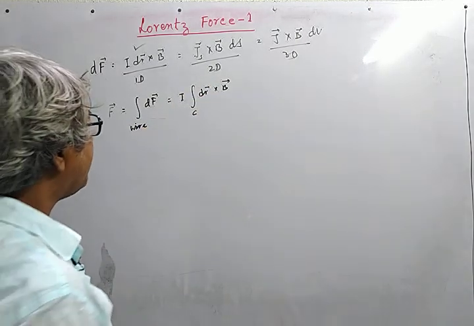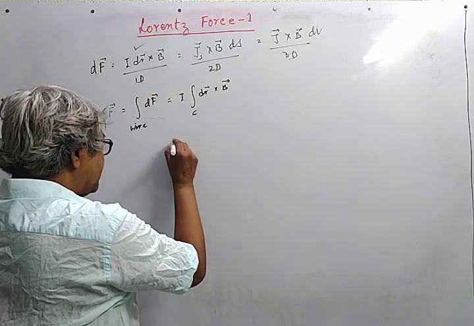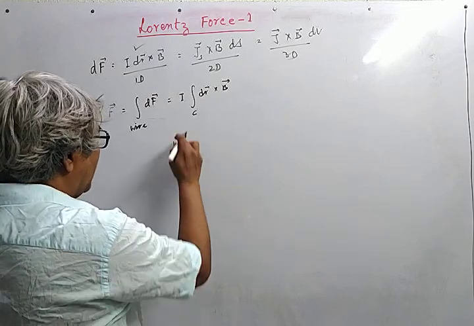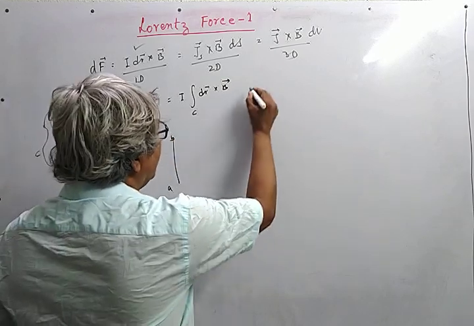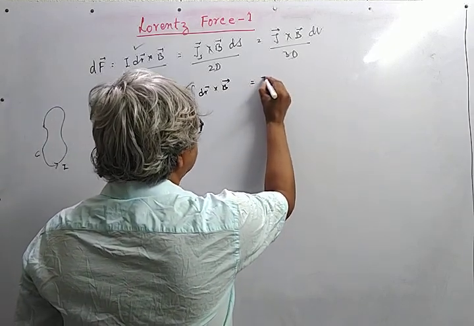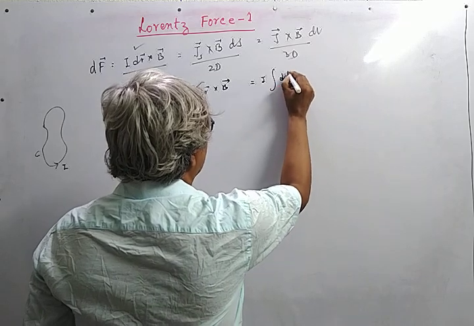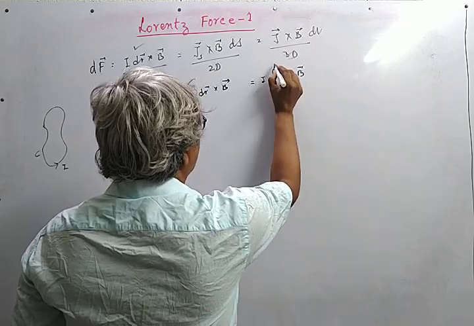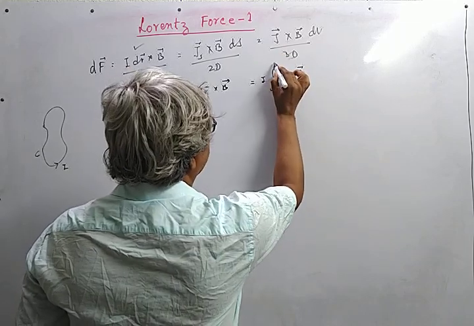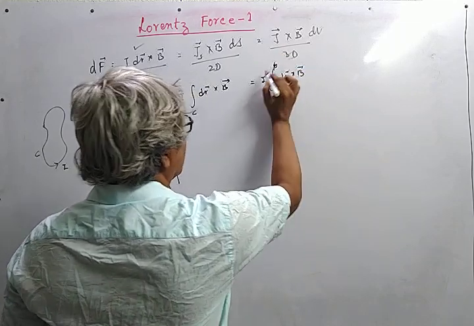So if we have an infinite conductor, whose one end is A and another end is B, then this would be I dr cross B from A to B, where A and B are the endpoints of the conductor.